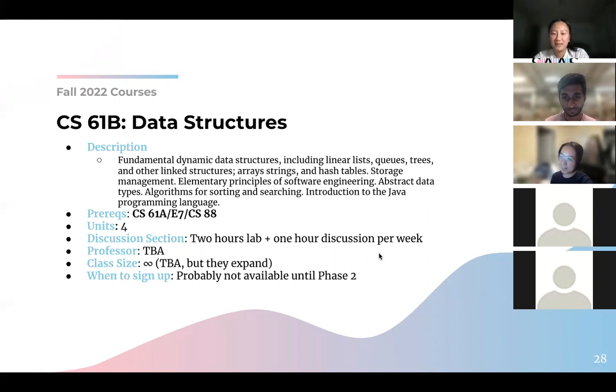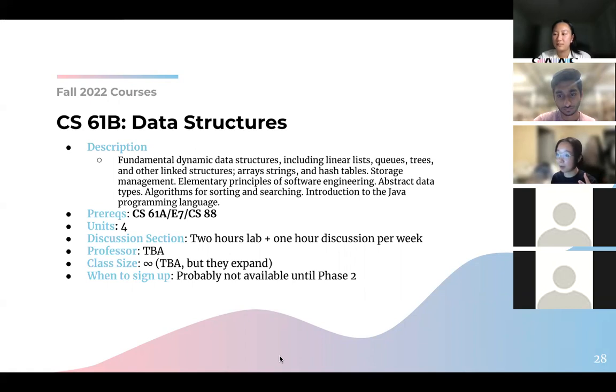Okay, 61B, data structures. This is the Berkeley traditional data science course. It covers basically the fundamentals of software engineering. It goes through everything from data structures, like linear lists, linked lists, trees, queues, arrays, strings, hash tables, and storage management.